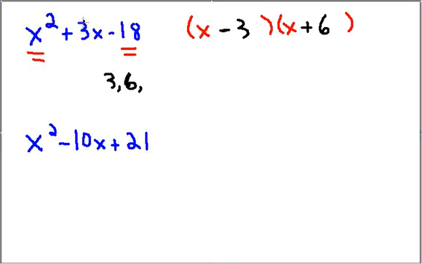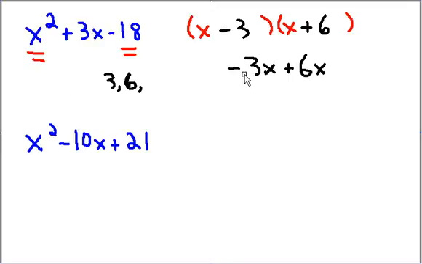X times x is our x squared. Our minus 3 times plus 6 is our minus 18. Now let's take a look at our middle term. Minus 3 times x is minus 3x, and 6 times x is plus 6x. What is 6x minus 3x? It's 3x.